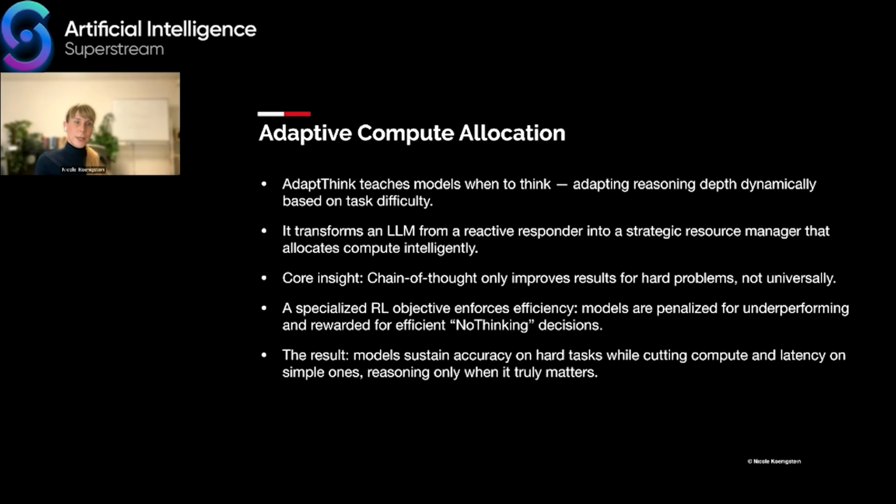And AdaptThink also gives a specialized objective, which is a hyperparameter you can set, which penalizes the model for underperforming and rewards it for efficient, no-thinking decisions. So you can nudge your model even further into behaving more economically and actually saving you money.